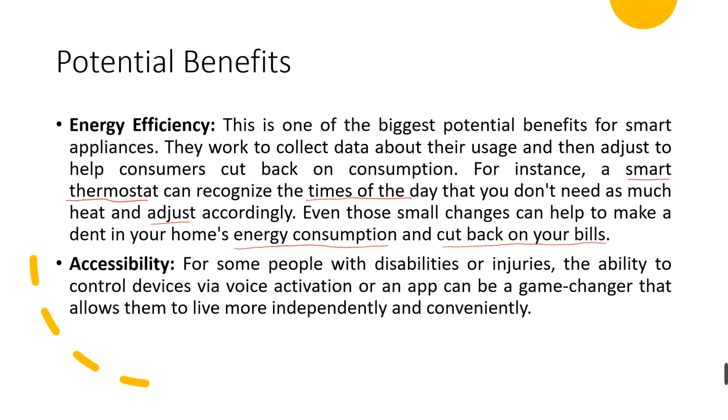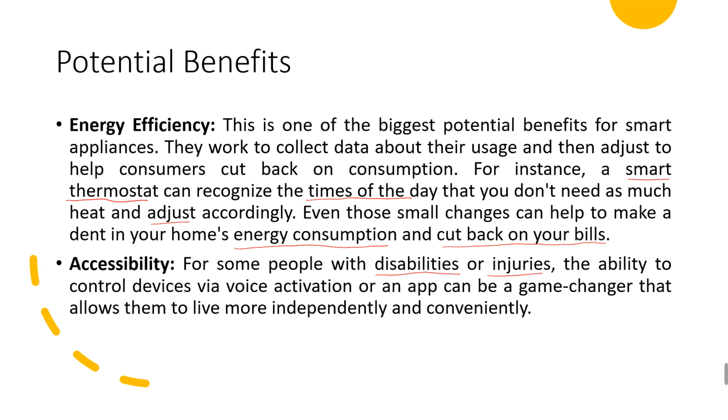The next advantage is accessibility. I have already mentioned the advantage that you can access your smart stove from anywhere. If it is connected with smart devices or a smartphone with the app, you can access it. It will also be helpful for persons with disabilities or injuries.